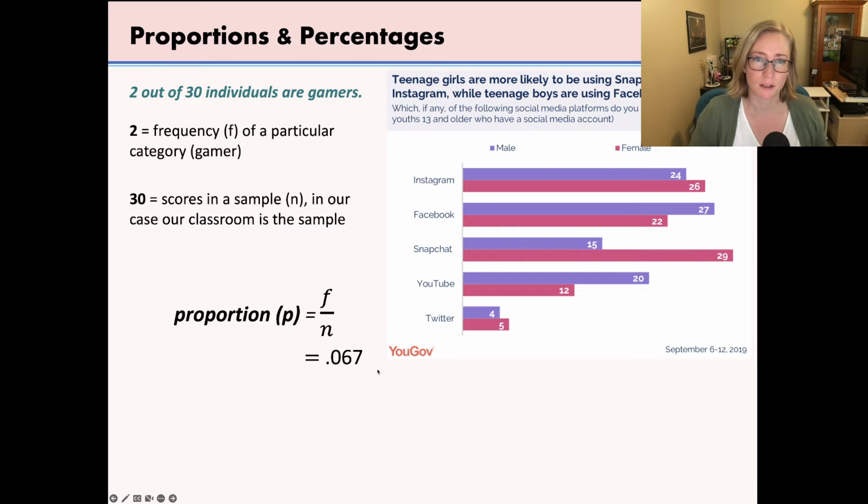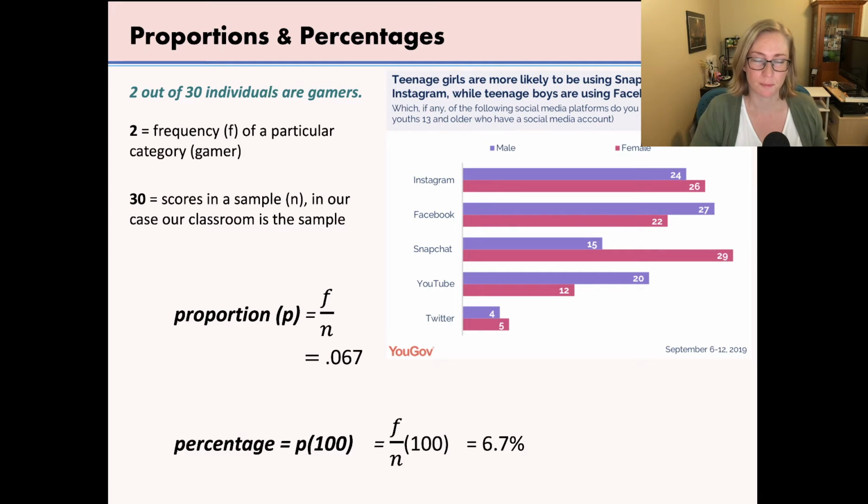Now, if we wanted to talk about percentages, we simply multiply that by 100. We multiply the proportion by 100, and then we get 6.7. Also, easy trick is we just move the decimal point 2 places over, right, if you're multiplying by 100. So with this estimate, 6.7% of the class was gamers. In our example, 24% of the class are gamers, actually.